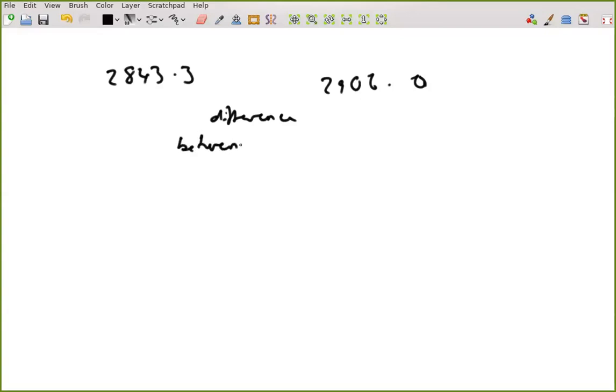So what we have is 2843.3, and we've got the other one which is 2906.0, and the difference is between J equal to 0 and J equal to 2 in the lower vibrational energy level.